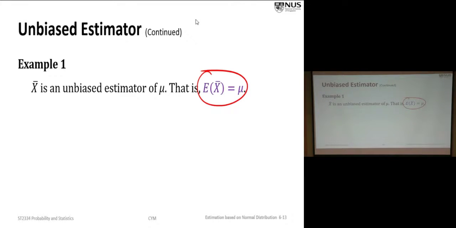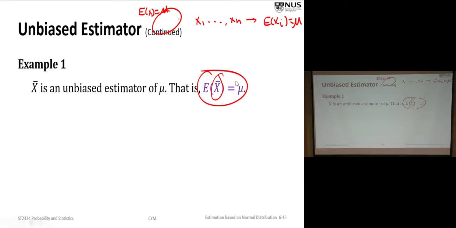In other words, if x1 up to xn are taken from a population with expectation of x equal to mu, that means any x here has expectation equal to mu. You just take n of them, x1, x2 up to xn, and each of these has the same expectation as the population mean mu. Then you work out the expectation of a function of all these x1 up to xn, and it turns out to be mu.